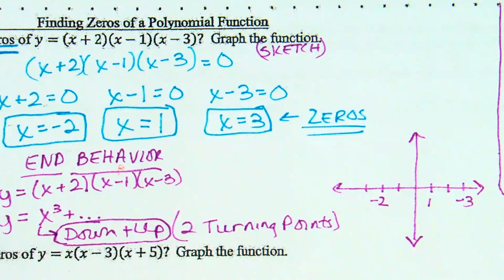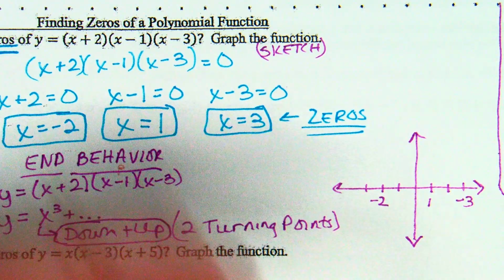Okay. So zeros. Do you have your axes sketched? What do we know about zeros? Places my graph crosses the x-axis.